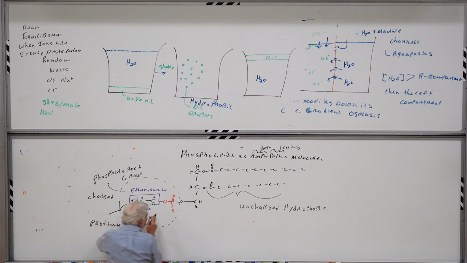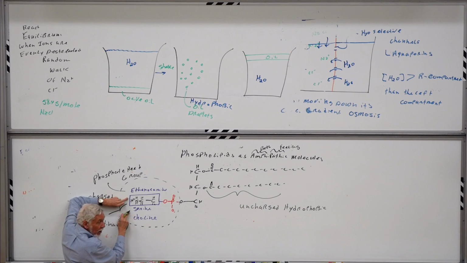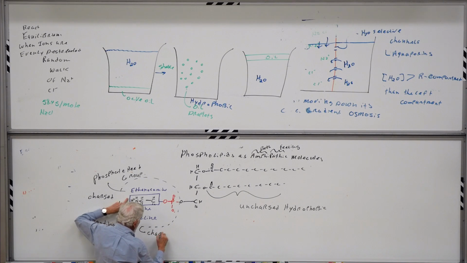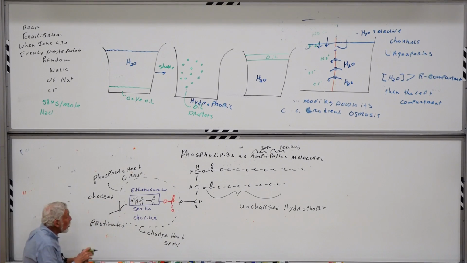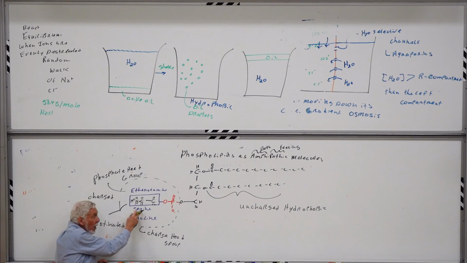But this head group out here, with its charge on the phosphate and its charge particularly on this ammonia, this NH2, this is a charged head group. And whether we're talking about choline, which has three CH3s out here to make a quaternary ammonium and make it charged, or whether we're talking about nitrogen on the serine, these are all charged head groups.